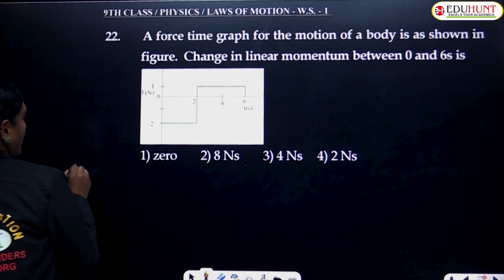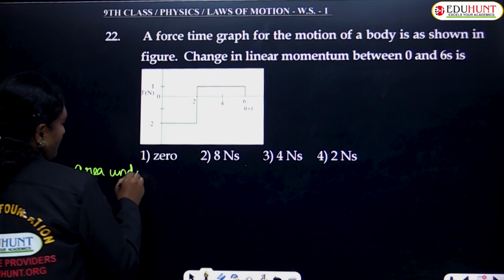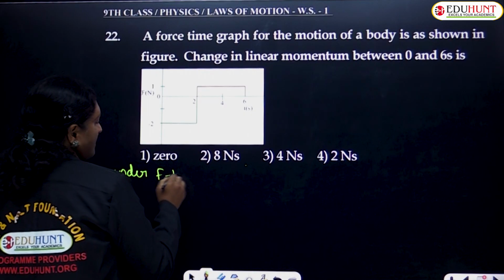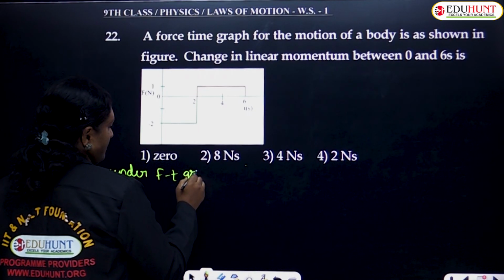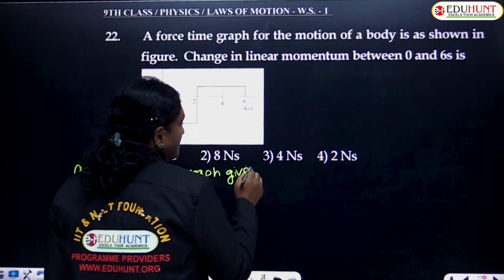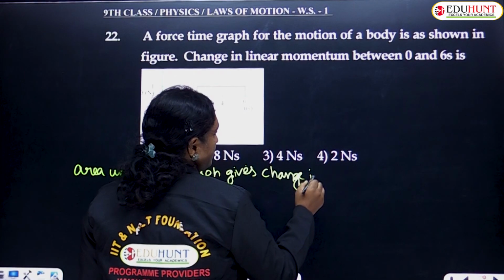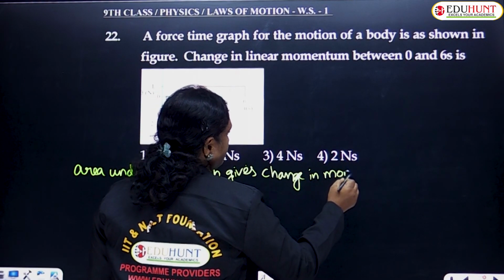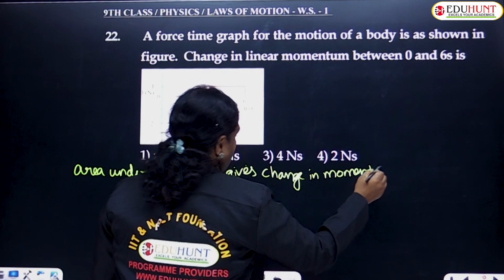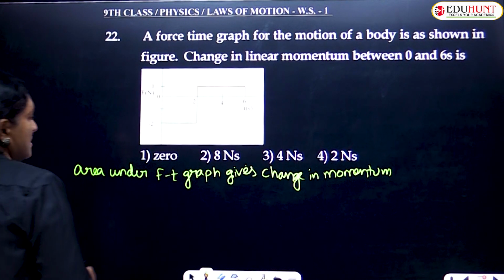For this we know again the same concept: the area under the force time graph gives change in momentum. So this part is clear, children? That's it. Area under force time graph gives change in momentum.